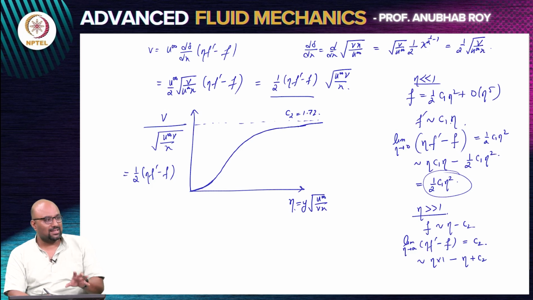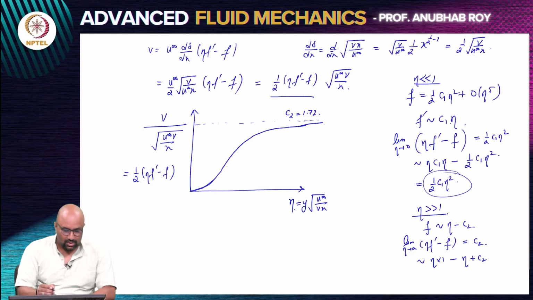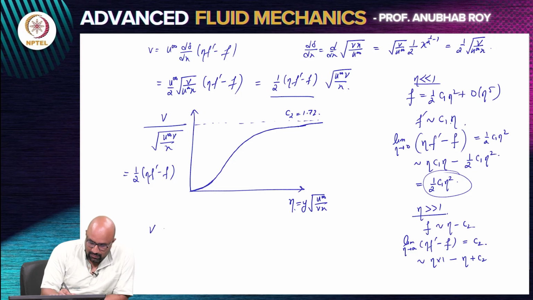From Blasius theory, when we do the Blasius calculation, we arrive at this conclusion. So, there is a net mass flux at the edge of the boundary layer. The vertical velocity is actually non-zero. If I now compute this, V is equal to half into 1.72.